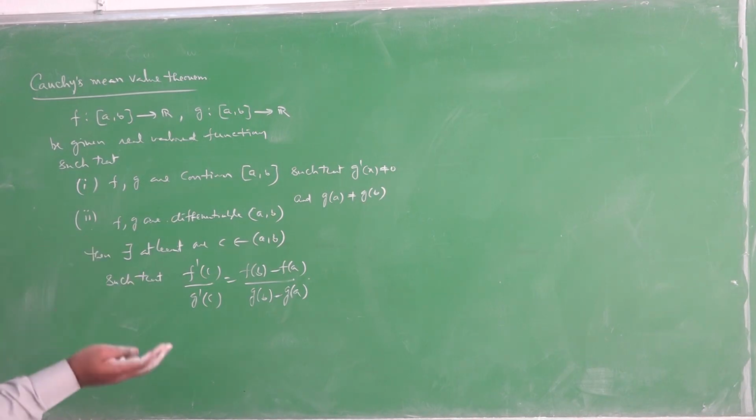It is just a generalization of Lagrange's mean value theorem to two functions. It announces Cauchy's mean value theorem, the generalized mean value theorem. This is an important mean value theorem.